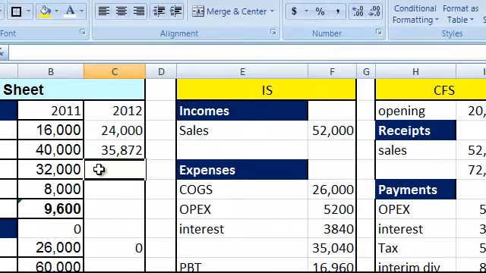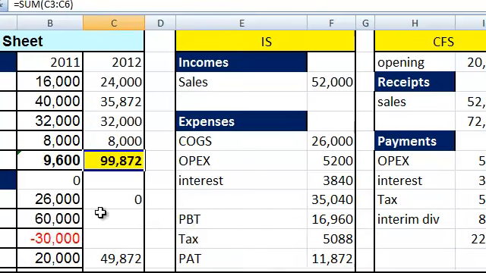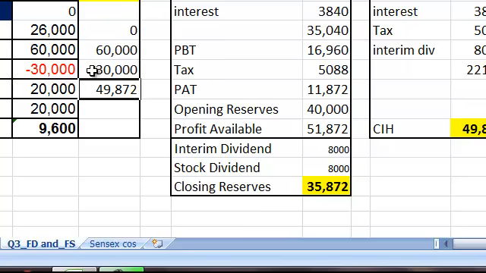Since no other transaction is left, we'll close the balance sheet. No change in the bonds, no change in the creditors. The summation of sources is equal to 99,872. No change in the plant. As of now, we have assumed we have not charged any depreciation.